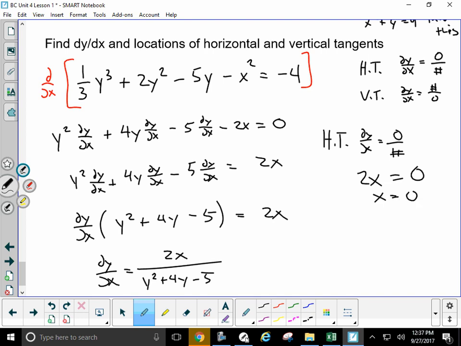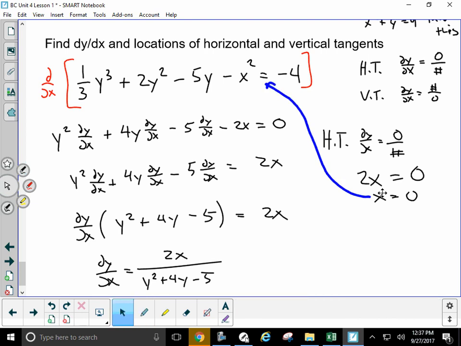Well, I get x equals 0. I will have a horizontal tangent. Now, if you want to find the points, you'd have to take x equals 0, plug it in, and solve for y. In this equation, it's not easily solvable. You'd have to use your calculator to find it. So in some of these questions, you're just going to be asked to find the x location or the y location, not the xy points. So you just stop right there, and that's fine.